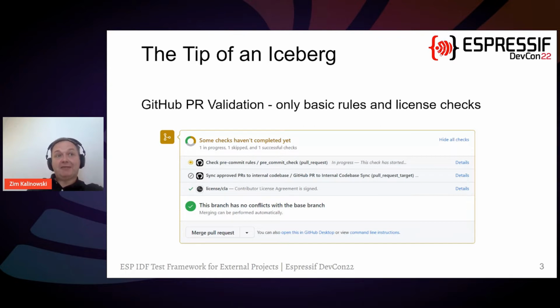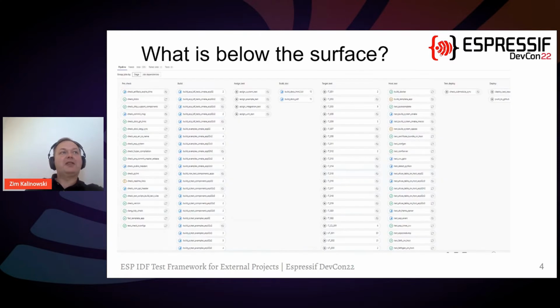So yes, this is all you see externally, and there is much more going on. I'm always saying that from an external contributor perspective, the ESP-IDF repo is like a black box. You are submitting a PR, and at some point in the future, your commit gets magically merged, but there is not much in terms of tests, and this is how it looks from inside.